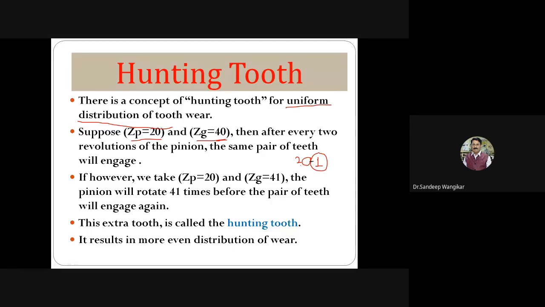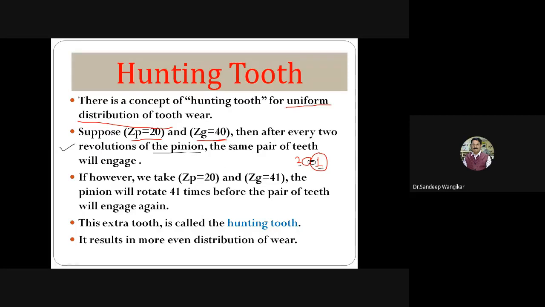After 2 revolutions of the pinion, there will be 1 revolution of the gear, and the same pair which was engaged before 2 revolutions will mate again. So this is a very important concept you have to understand here: if the number of teeth on pinion is 20 and on gear is 40, then after every 2 revolutions of pinion, the same pair of teeth will engage. Okay, so this is the first concept.